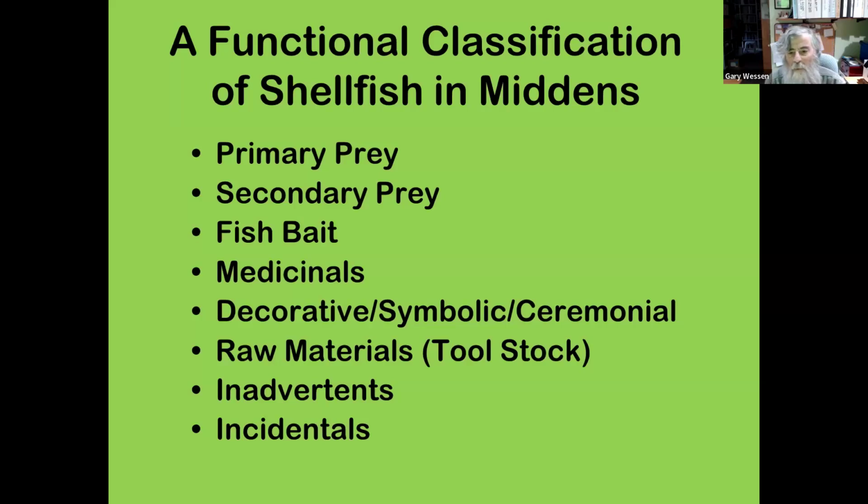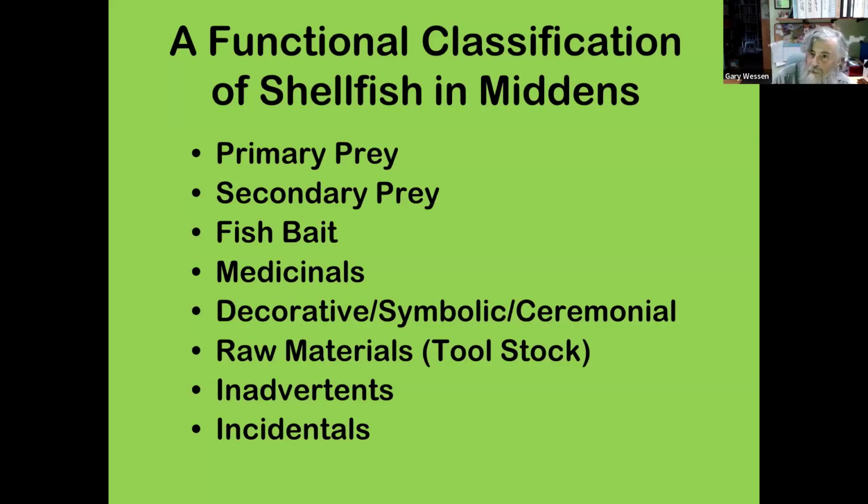Okay, decorative, symbolic, and ceremonial things. There are a number of shellfish species, and I'm thinking about things like dentalium or abalone, red turban opercula, which are inlays that have a lot of nacreous, iridescent color, and olive shells. People may be aware of olive shell beads and necklaces that people used.